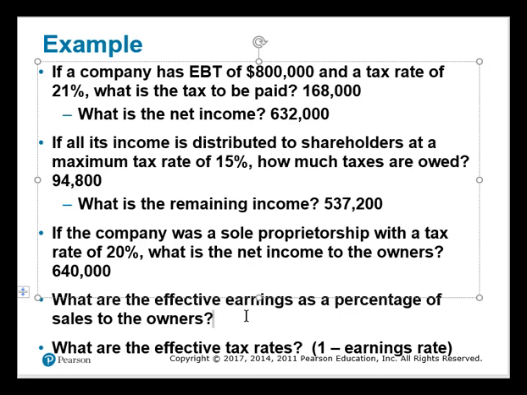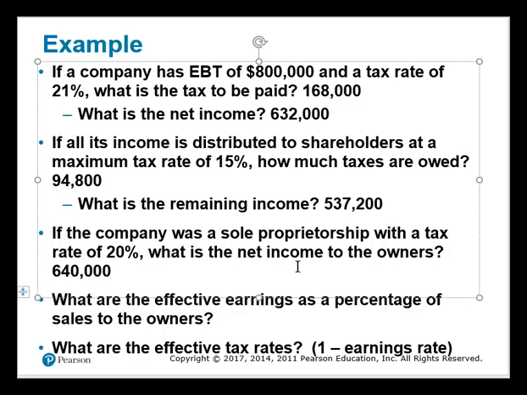So what is the effective earnings? If you take the $632,000 and divide it by $800,000, the actual take-home income from the corporation is 67.15%. If you take the 640 divided by 800,000, that number is 80%.